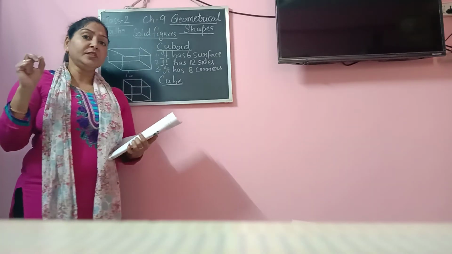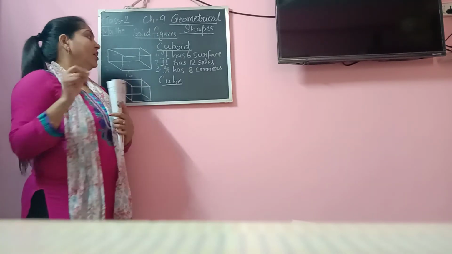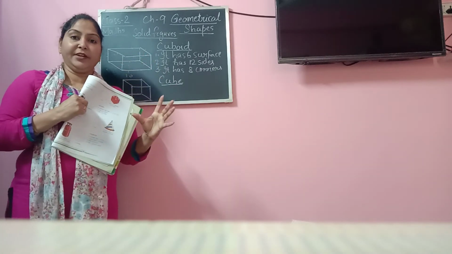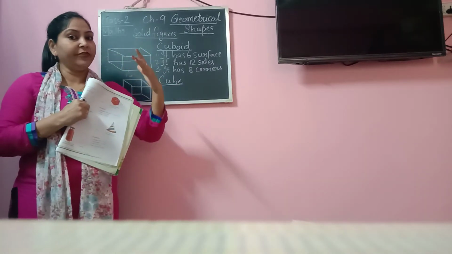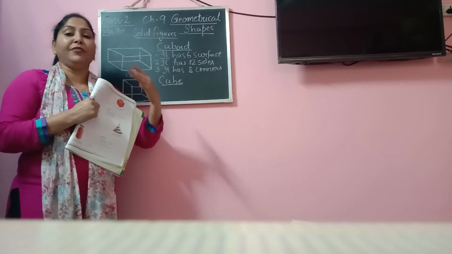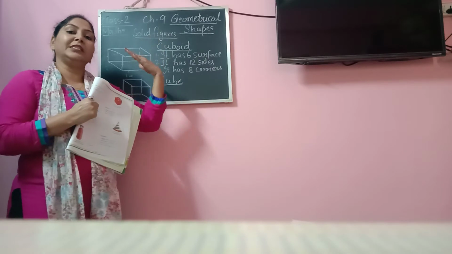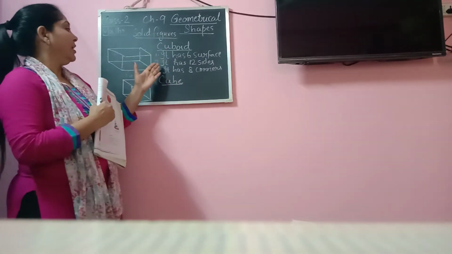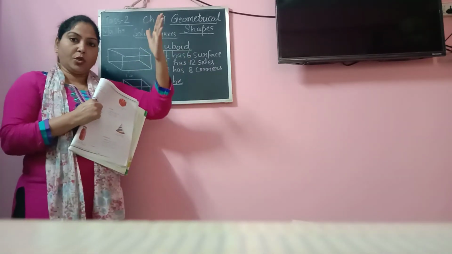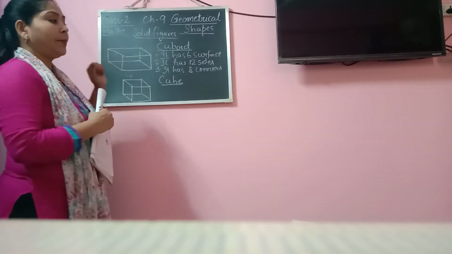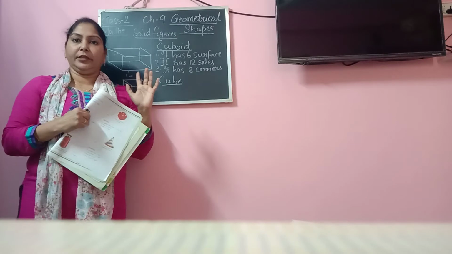Okay. So what have we learned from this? We have learned that a cuboid is a solid figure whose surfaces or faces are made up of rectangular shape. It has 6 faces, or you can say 6 surfaces. It has 12 sides or 12 edges. These are called the sides. Then it has 8 corners.